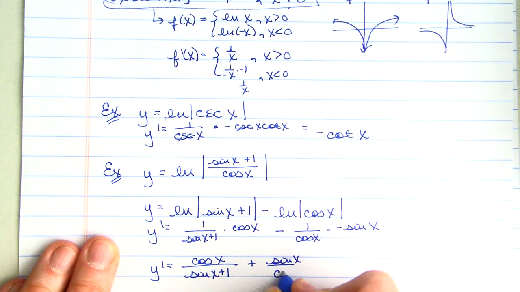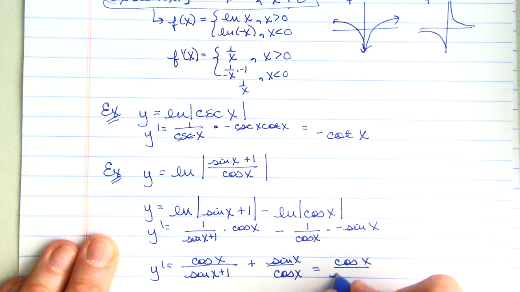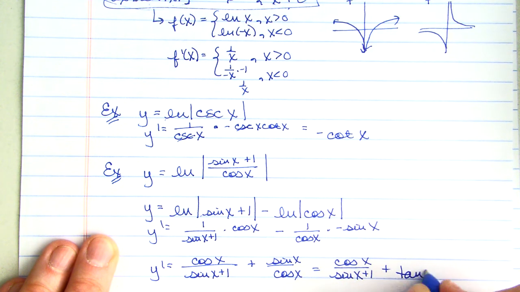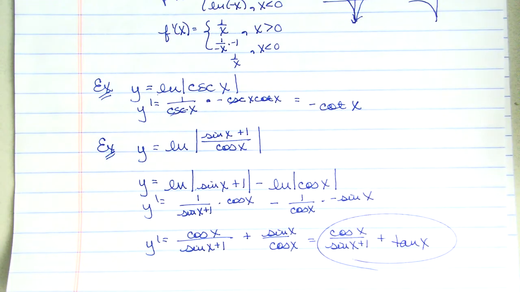Oh, you know what? I could probably say that in a better way. We can say this is cosine x over sine x plus 1 plus the tangent of x. As far as you're concerned, as far as derivatives go, the absolute value bars don't matter inside your natural log. Make sure this is all in your notes.